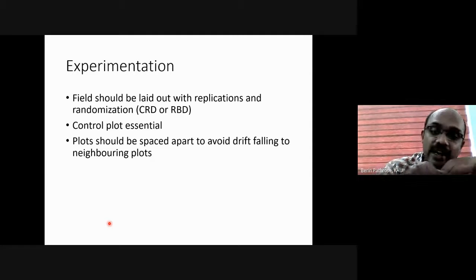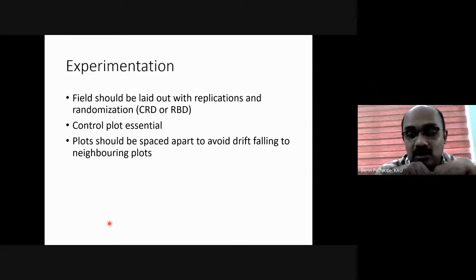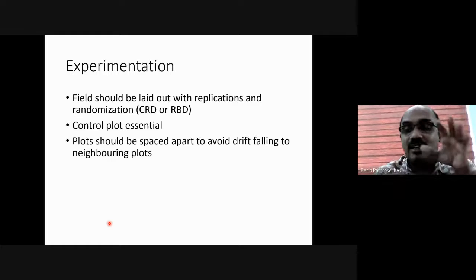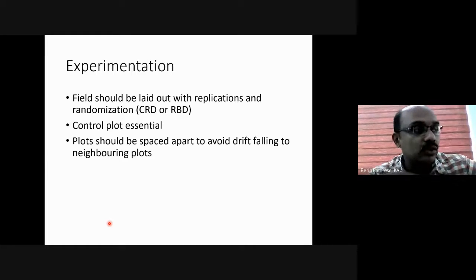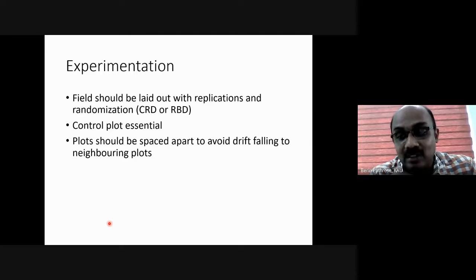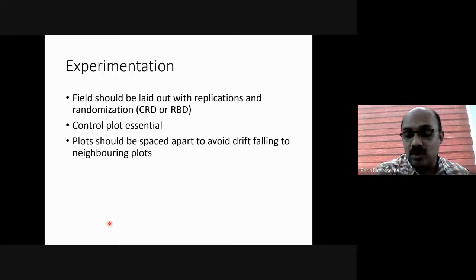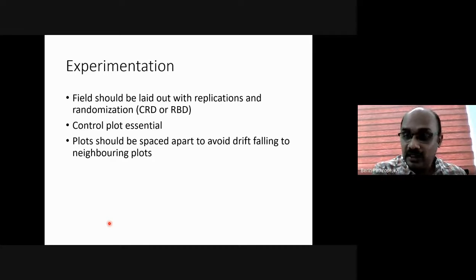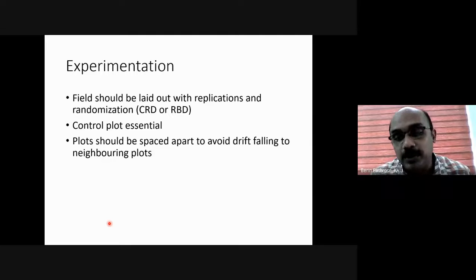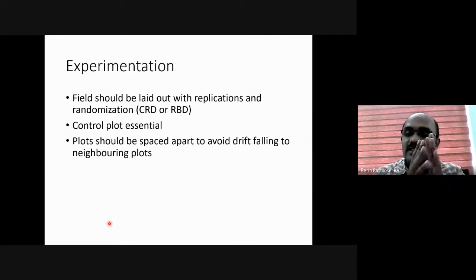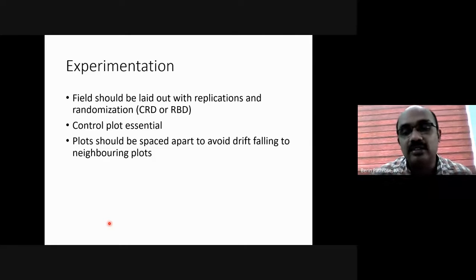Because if you are carrying out a spray in a plot, we should ensure that the drift does not fall over to the plot adjacent to it. So to prevent the drift falling over to the adjacent plot, which may receive another treatment, we give sufficient space between the plots. That means a slightly greater distance between the plots than the usual experimental spacing.